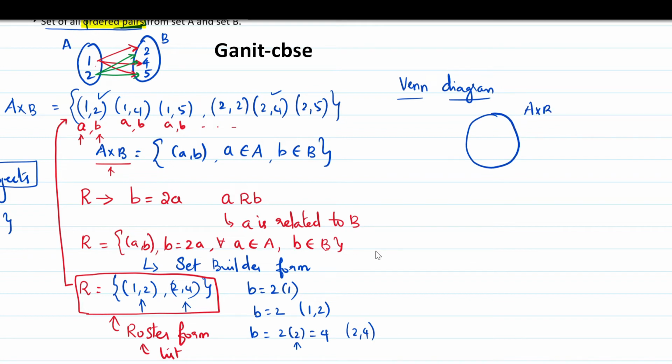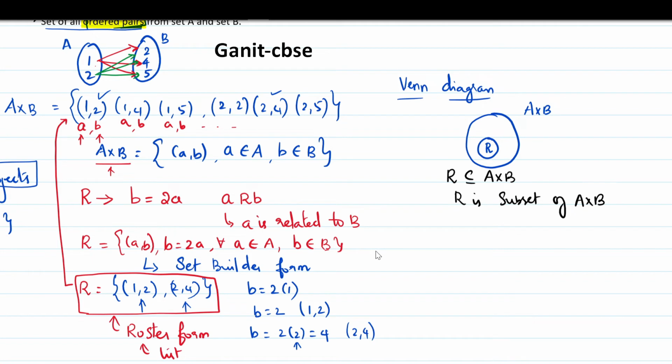Whatever relation is related to A cross B will be a subset of A cross B set. So R is a subset of A cross B.